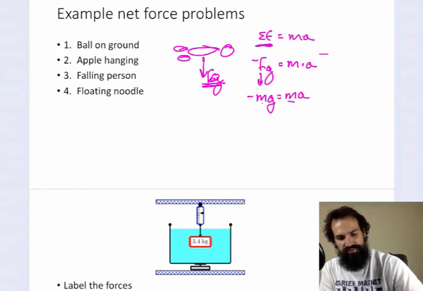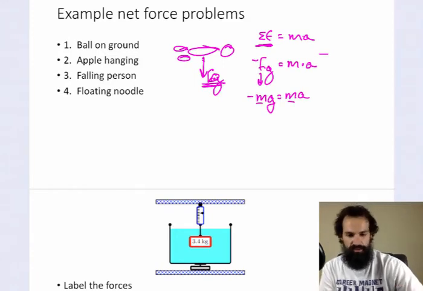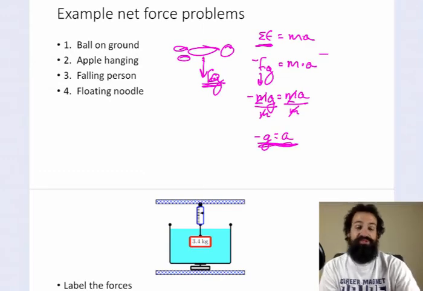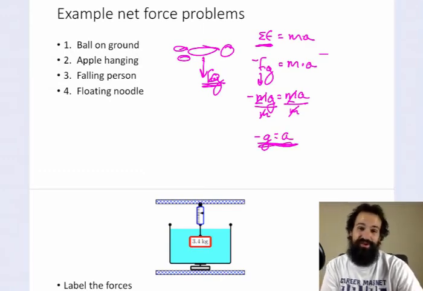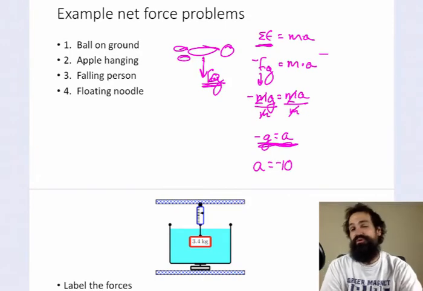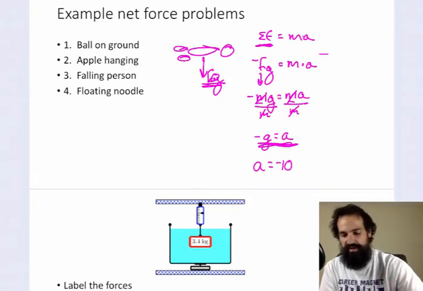Now, if you have mass on both sides of the equation, we can divide both sides by mass, and it will cancel out on both sides. So acceleration is equal to the opposite of gravity. And gravity on Earth is negative 10. So the acceleration of a falling person, regardless of their mass, because it's always going to cancel out, is negative 10 meters per second per second.